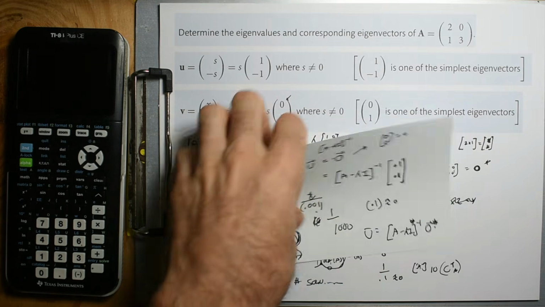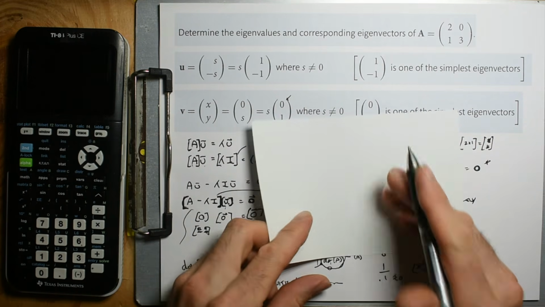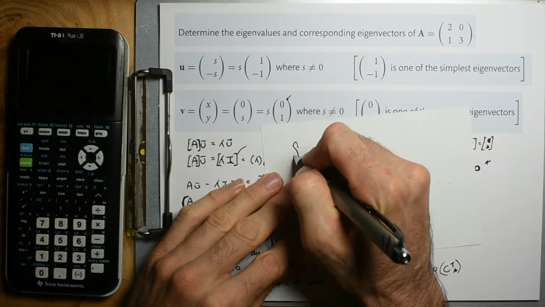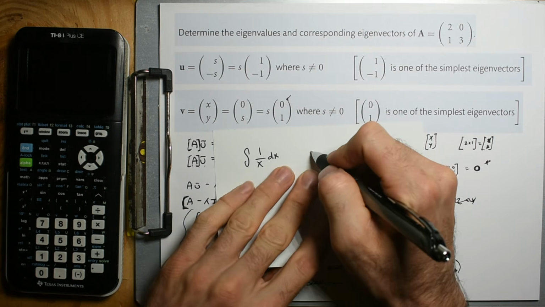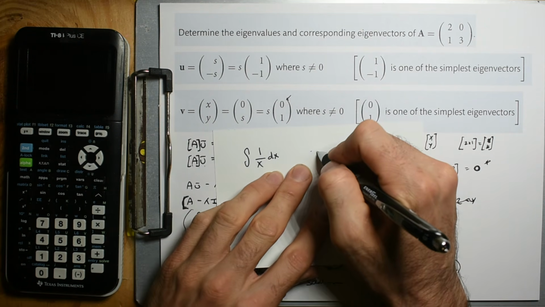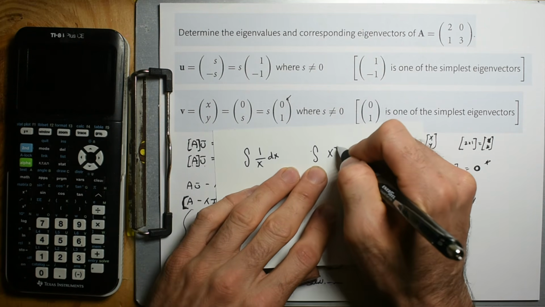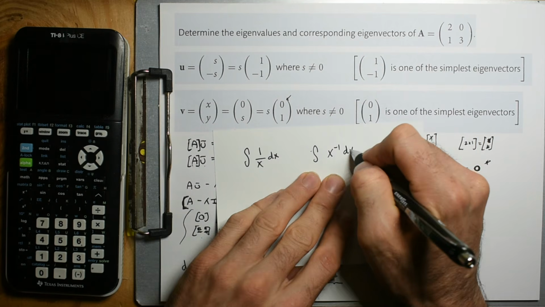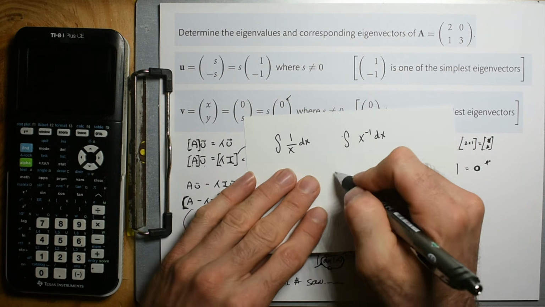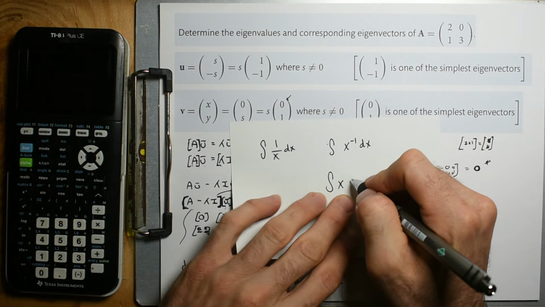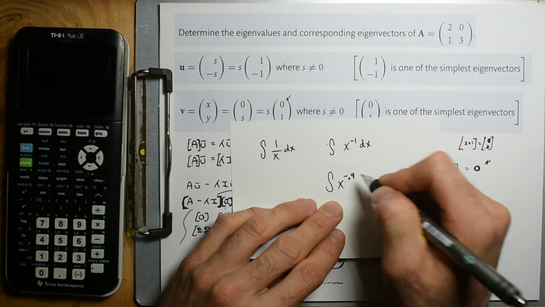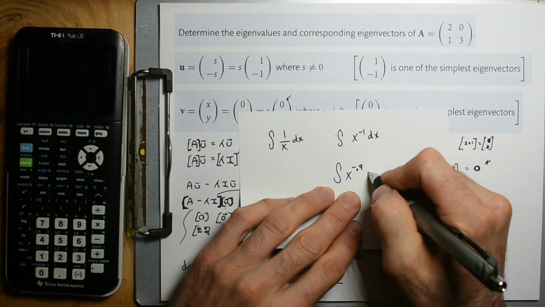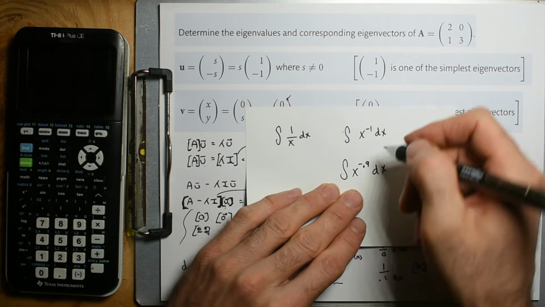The analogy of this, I got 2 minutes. The analogy of this is take the integral of 1 divided by x dx. Simple. Cool. So we're going to say this is the integral of x to the negative 1 dx. Well, we're going to say this is the integral of x to the negative 0.9 dx. I think that's the way I kind of like to do it, maybe. So all I did was just change it by a little bit.